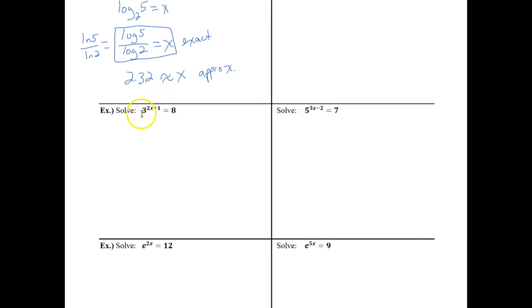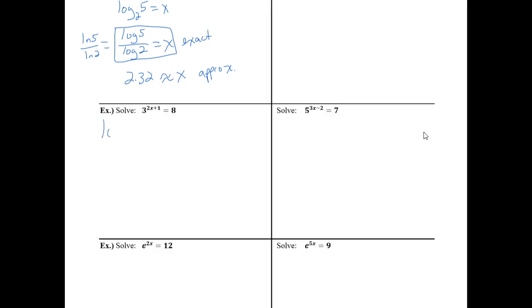In this example, we have 3 to the 2x plus 1 power equals 8. 3 and 8 will never have the same base. 8 is a power of 2, so 2 cubed would give us 8. So the base would be 2 here versus a base of 3. These can never match. I'm going to rewrite this logarithmically.